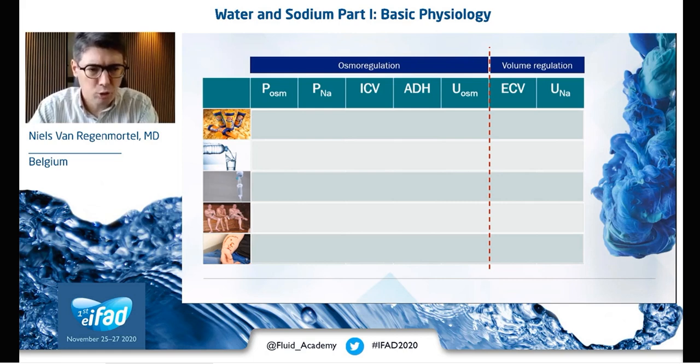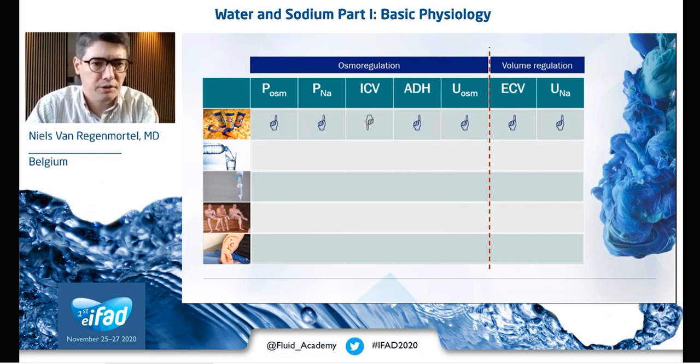So let's first have a look at the situation where we are ingesting lots of sodium, whether it is hypertonic fluids or just a very big bag of potato chips. When we ingest sodium, plasma osmolality will increase, and this will of course lead to an increase of plasma sodium. Both go the same way.